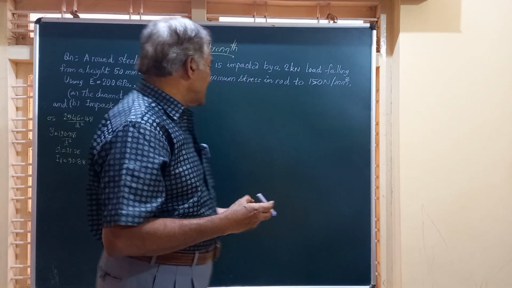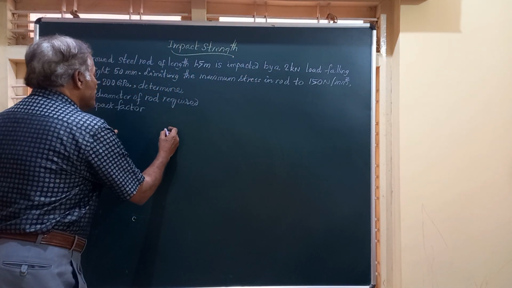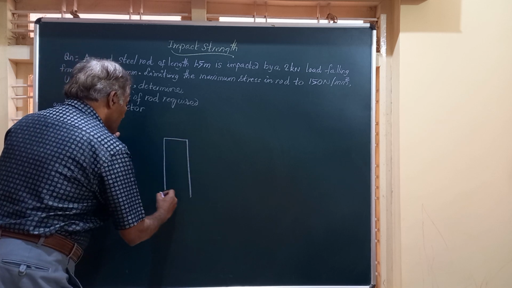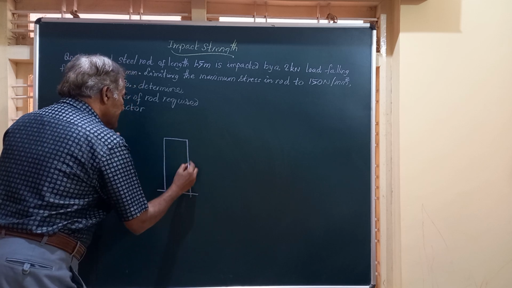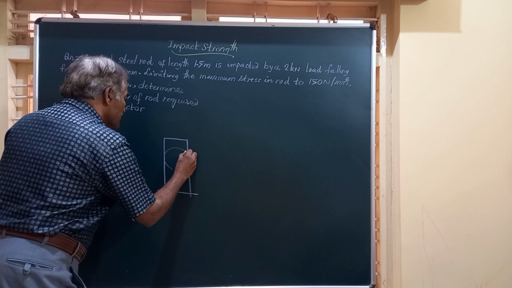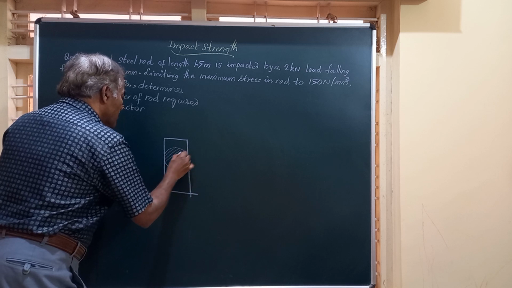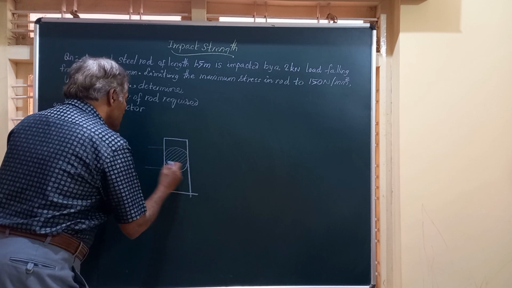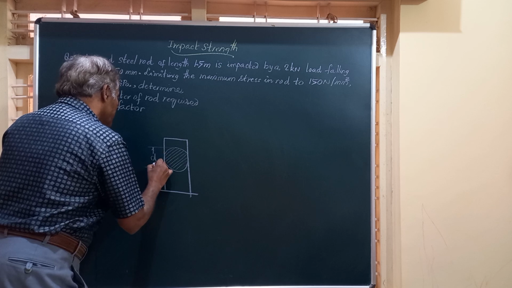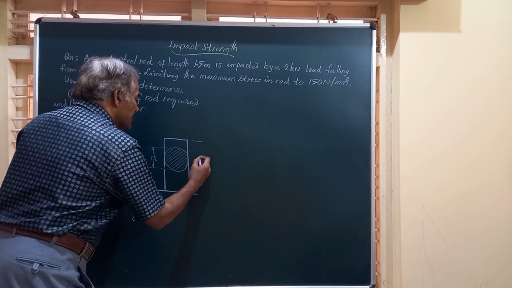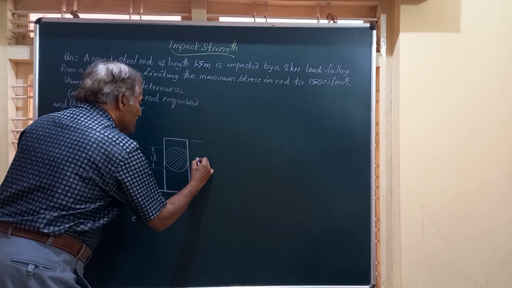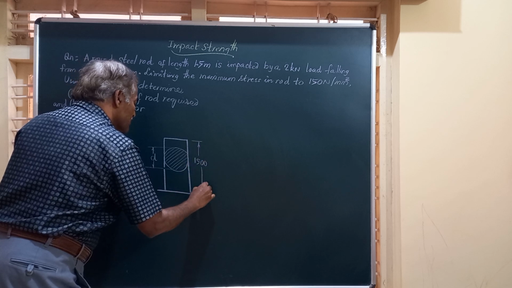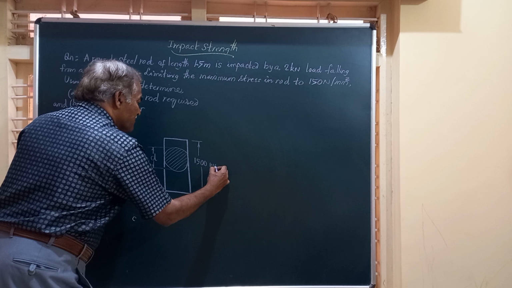So friends, let us write down the sketch according to the problem given. We have a round rod which is vertical and it has a diameter d. The diameter of the rod is d and that is not known to us. So this is d, which is to be found out. And here the member has a length of 1.5 meter, means 1500 millimeter.